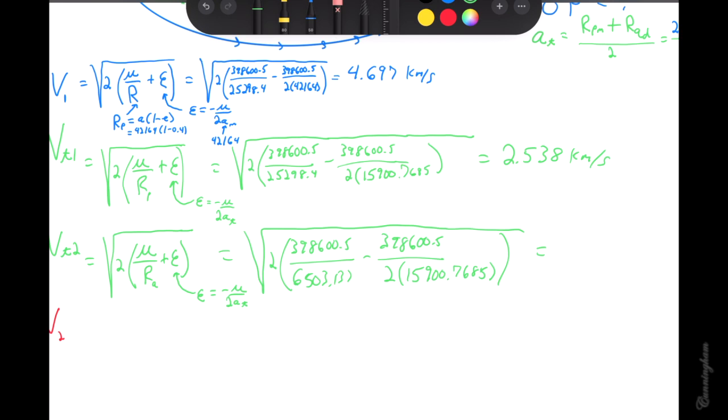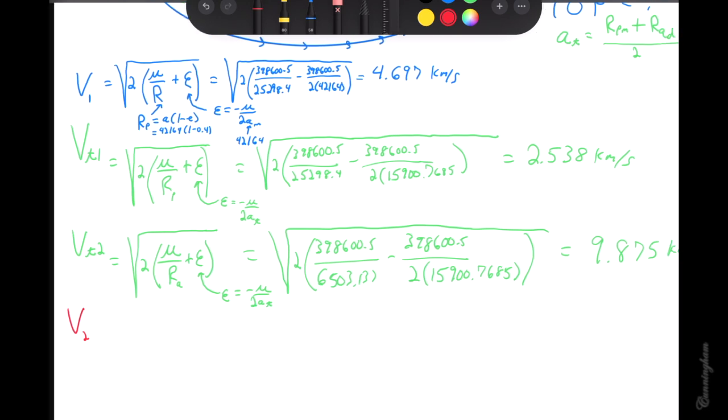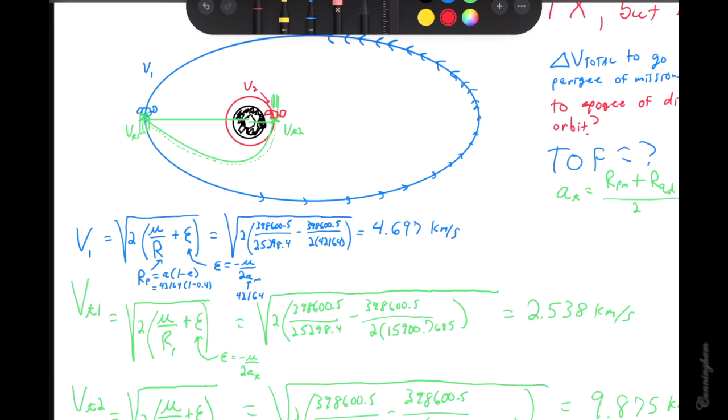Yeah, so we are really screaming because right before we do this burn, we're going 9.875 kilometers per second. We're definitely going to have to do a second thruster burn and slow the heck down so that we can actually enter and be captured by the Earth in its smaller disposal orbit.